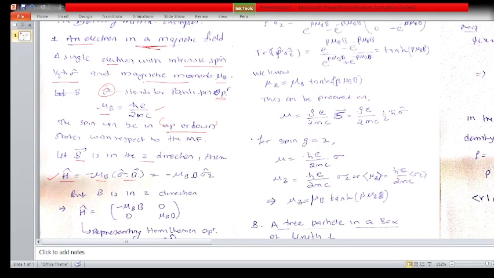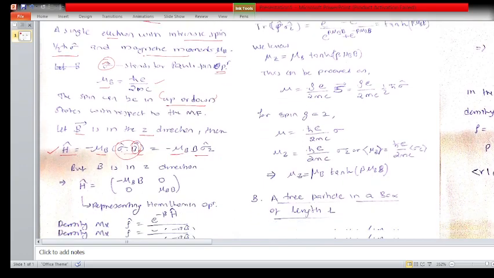So only sigma z B times 1 exists, and all other terms become 0. This is the total energy associated with that electron.